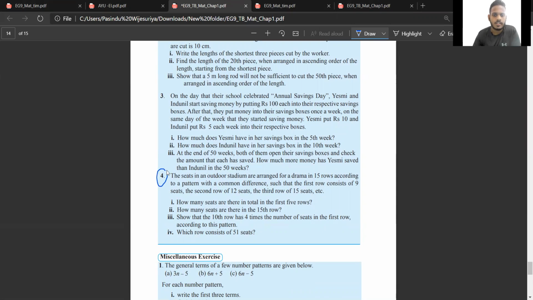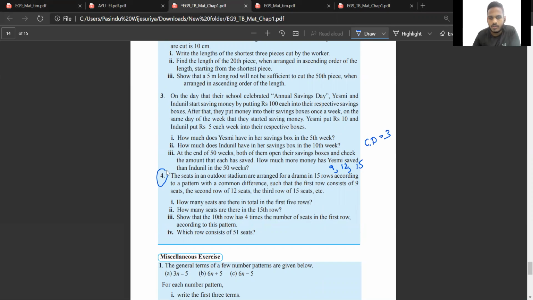The seats in an outdoor stadium are arranged in 15 rows according to a pattern with a common difference, such that the first row consists of 9 seats and the second row consists of 12. So the first term is 9, the second term is 12, and the third row is 15. So you can see the common difference is 3.